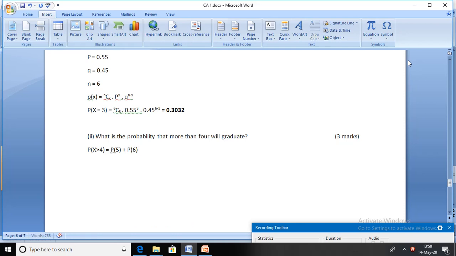Why have we gone this route? It's because the sample size is 6, so we can't go beyond 6.